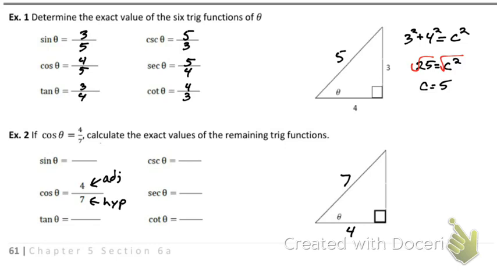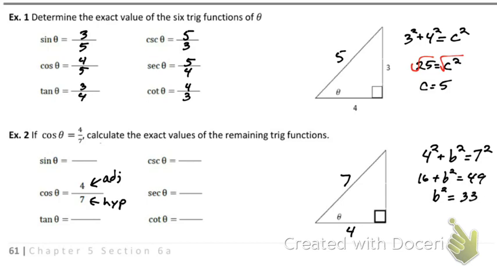Okay. All right, so if we do a squared plus b squared, so we have 4 squared plus whatever that missing side squared equals 7 squared. Well, that's going to be 49. So we will have 16 plus b squared equals 49, which will mean that my b squared is going to equal 33.